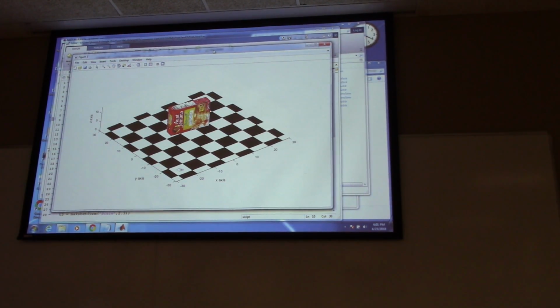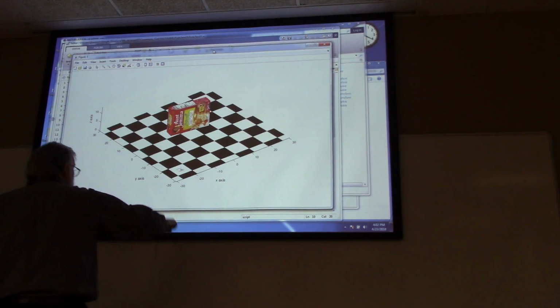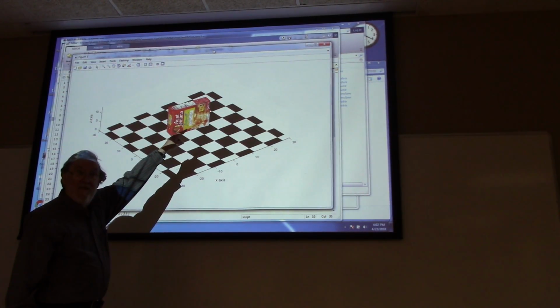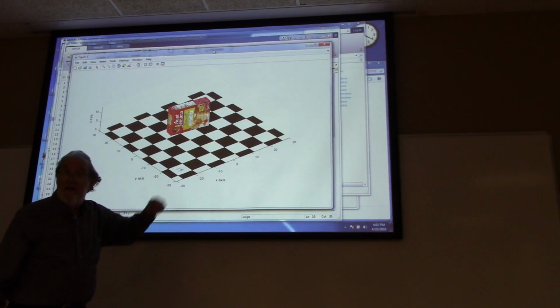Where's the x-axis? It's in that direction. When we did the measuring of the checkerboard, the x-axis was that way. So the x-axis was the negative of what this y-axis is, and the y-axis that was done when I found the checkerboard was down that way.